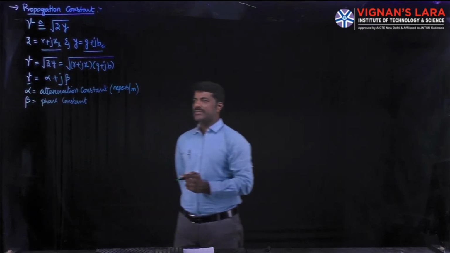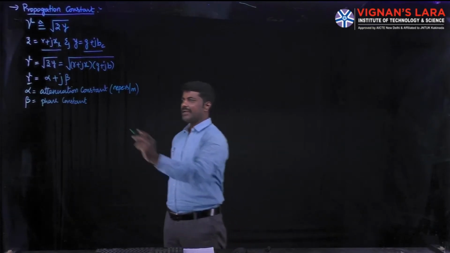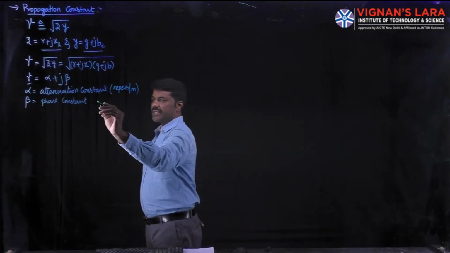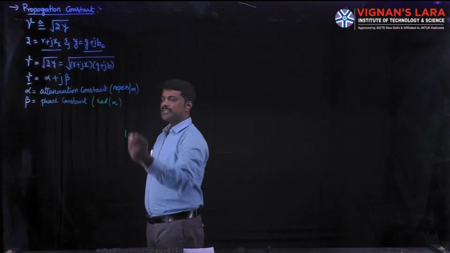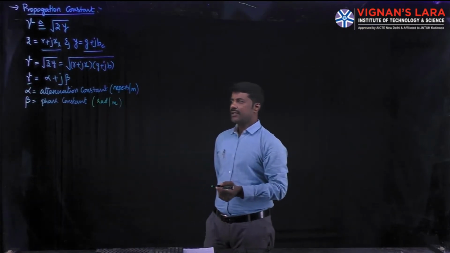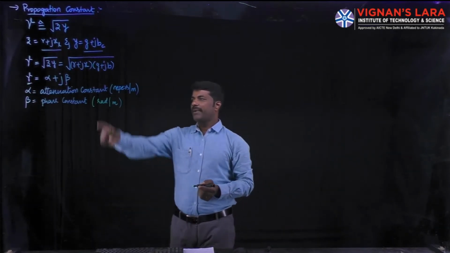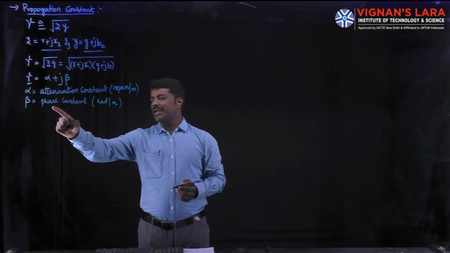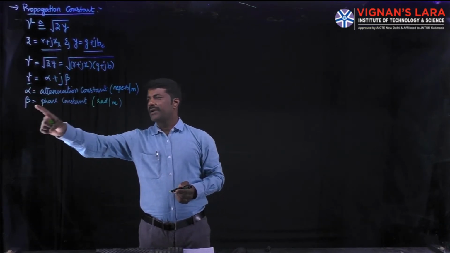Alpha is called the attenuation constant, whose unit is Nepers per meter length, and beta is the phase constant, whose unit is radians per meter length, that is, per unit length. So alpha and beta give us the magnitude operator and phase angle operator respectively.